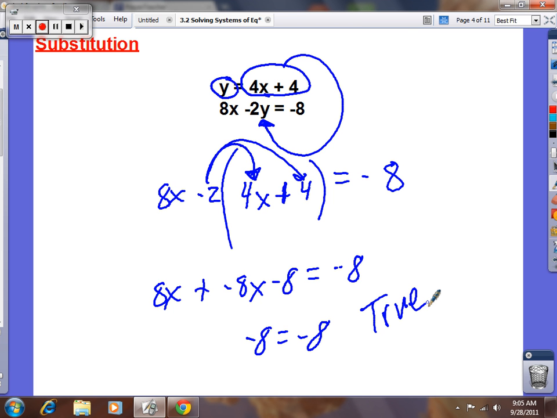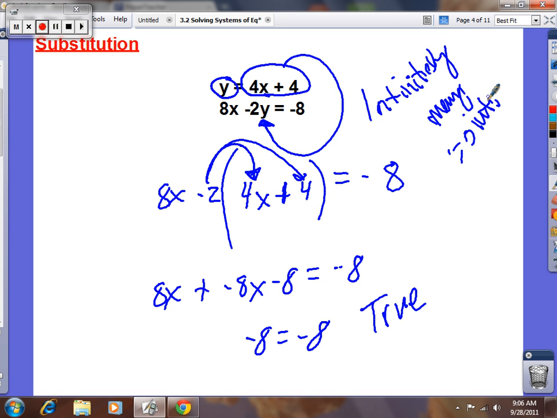Same line on top of itself. So your answer is infinitely many solutions. Same line on top of itself. Infinitely many solutions.